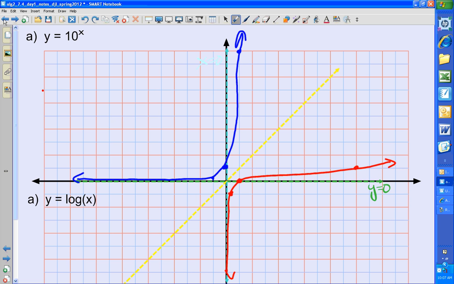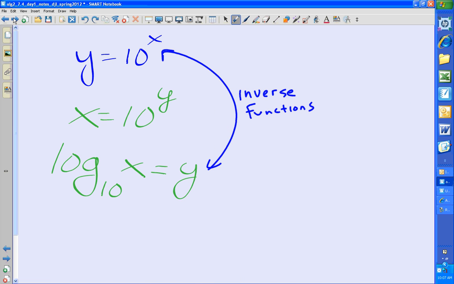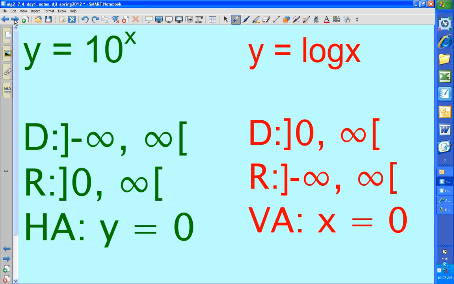Okay, a couple days ago, we did the exponentials. Today we did the inverse of them. Everything switched. The log is the inverse of the exponential. Domain and ranges all switched.